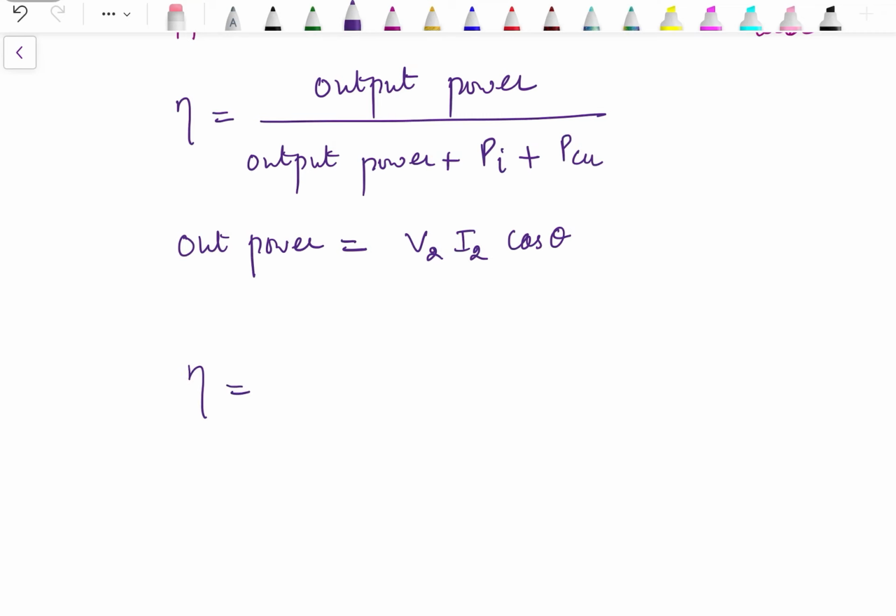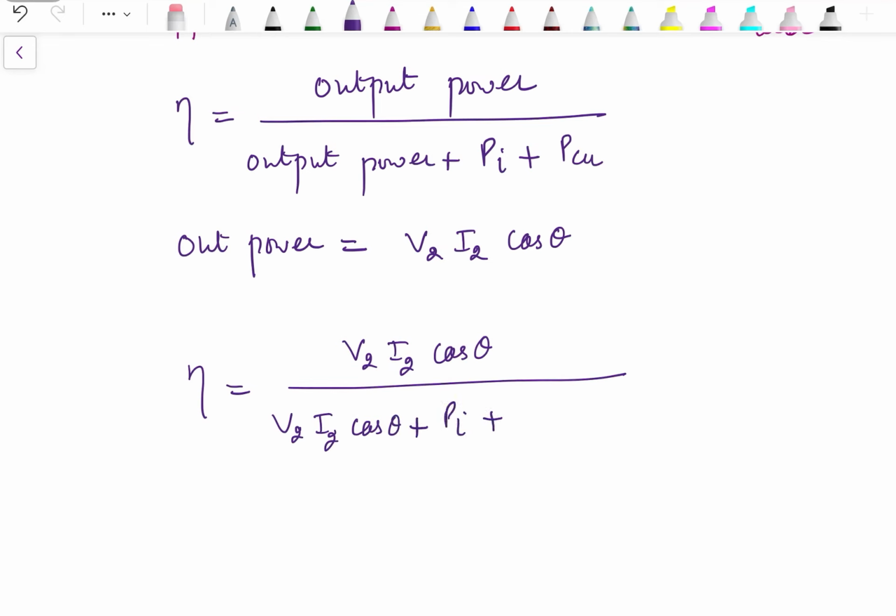So efficiency can be written as V2 I2 cos theta upon V2 I2 cos theta plus Pi plus the copper loss. Since we have written current I2 for the power output, we will express the copper losses in terms of secondary side current. So it will be I2 square into Re2.